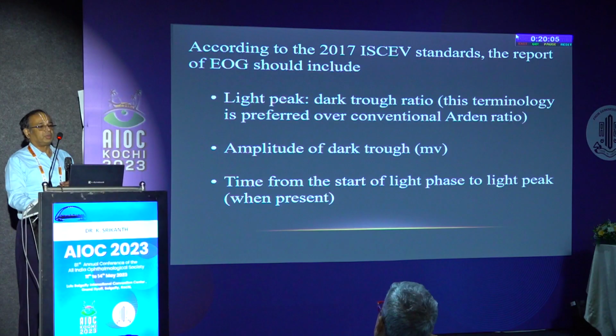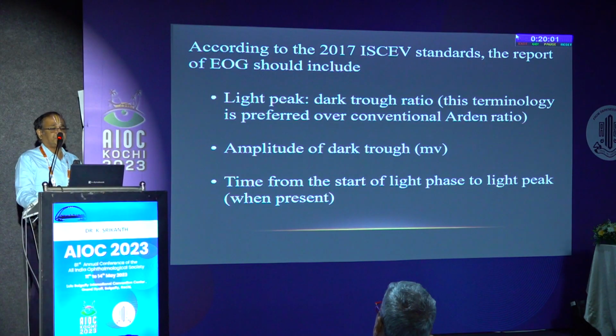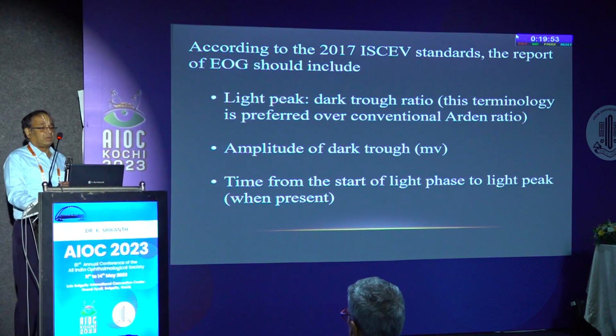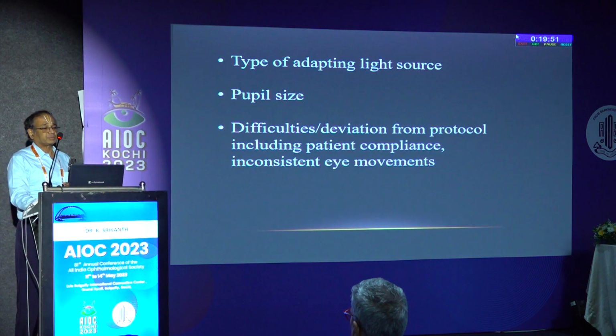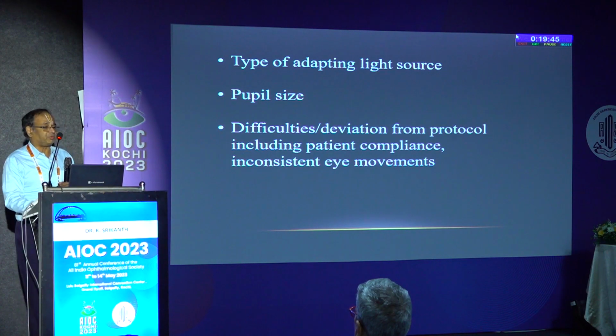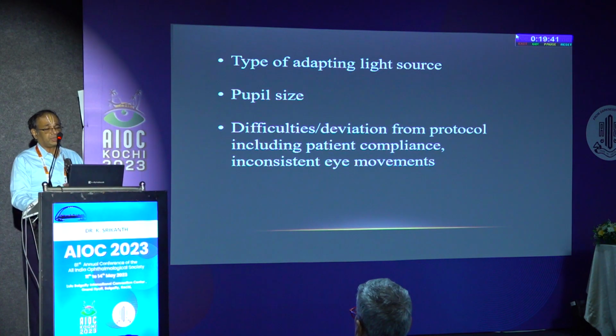Now, in these recent standards, we just measure where the light peak is, and the amplitude and time to start. All these are taken. So variations can happen if the pupil size is not regular in both the eyes.